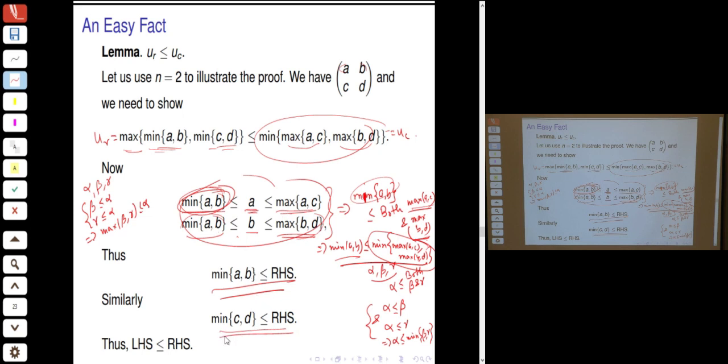So these two inequalities together imply that the maximum of min(A, B) and min(C, D) is less than or equal to the RHS, right? But this is exactly the LHS. So UR is less than or equal to UC. Okay? Any questions?